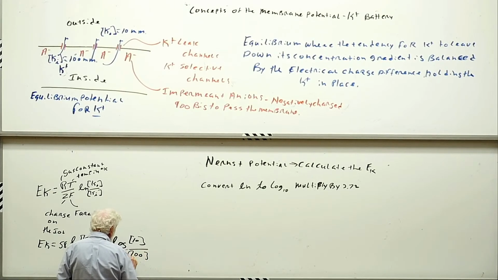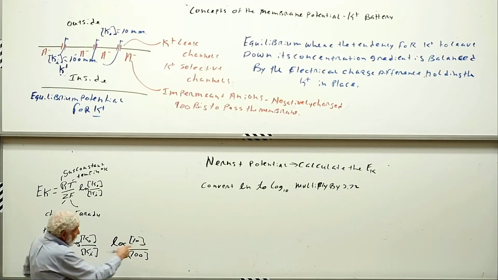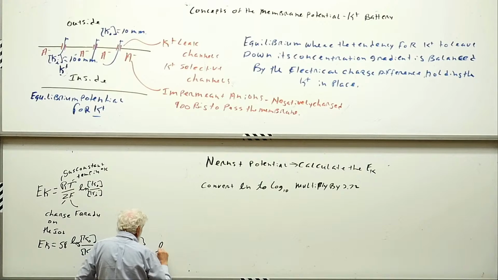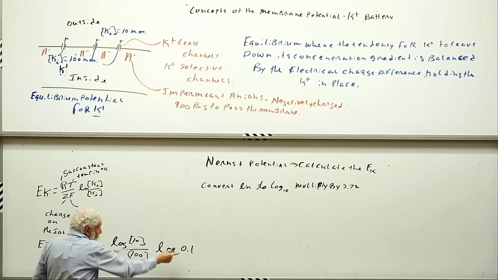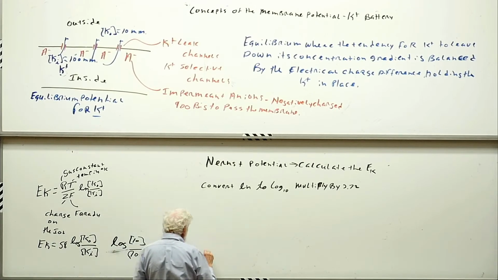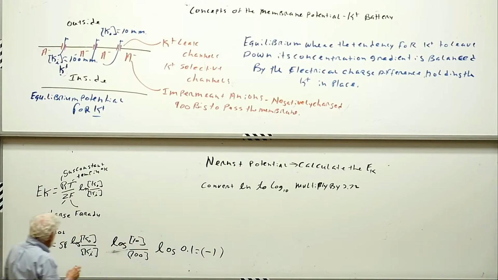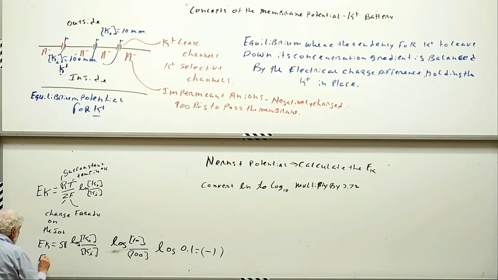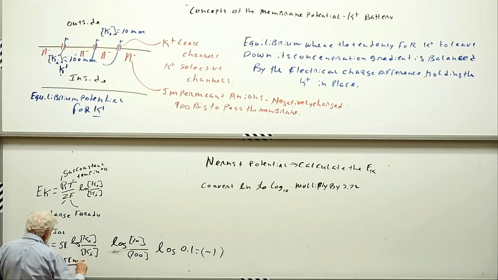Because remember, we said the concentration of potassium on the inside was 100. This, of course, reduces to log of 0.1. 10 divided by 100 is 0.1. The log of 0.1 is -1. So that tells us that the equilibrium potential K, EK, is equal to -58 millivolts.